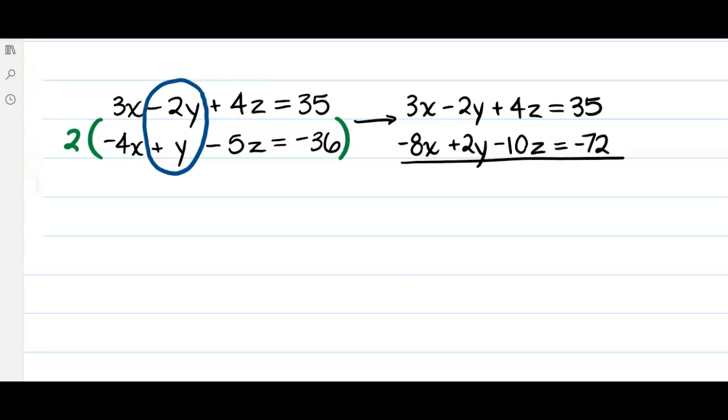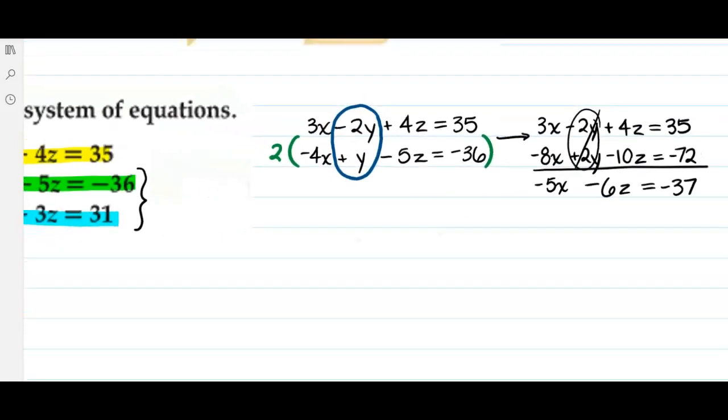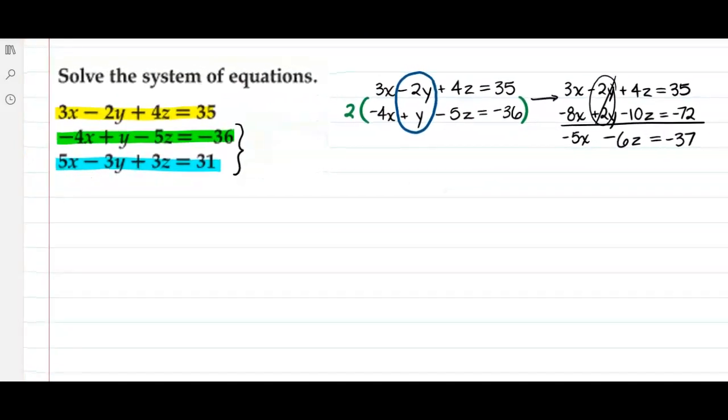Now with the elimination method, the x's combine to become negative 5x, the y's cancel out, 4 take away 10 is negative 6z, and 35 take away 72 is negative 37. Now let's go back. We just used the first two equations to come up and eliminate y.